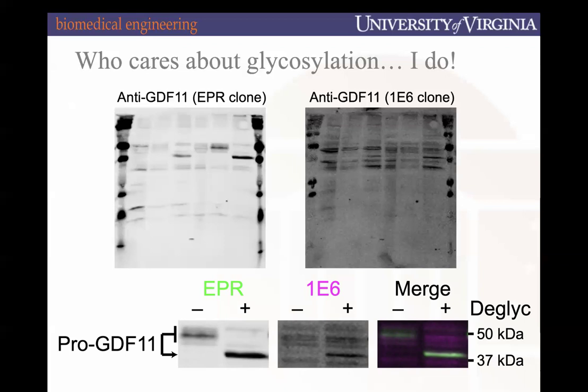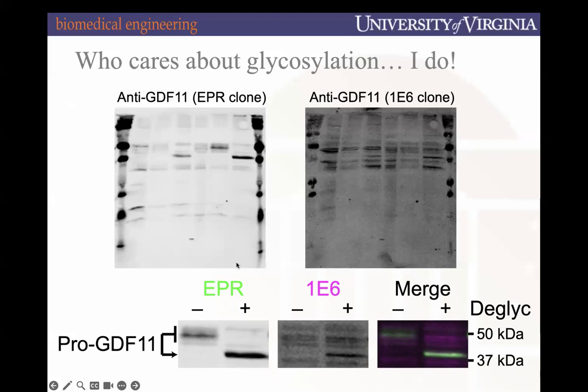So the question became, could this be an issue with glycosylation that's blocking the epitope of this antibody? Using purified pro-GDF11, when you run it in a normal condition, you get a smeared band. When you use an inhibitor that blocks glycosylation, you get a very clear band.